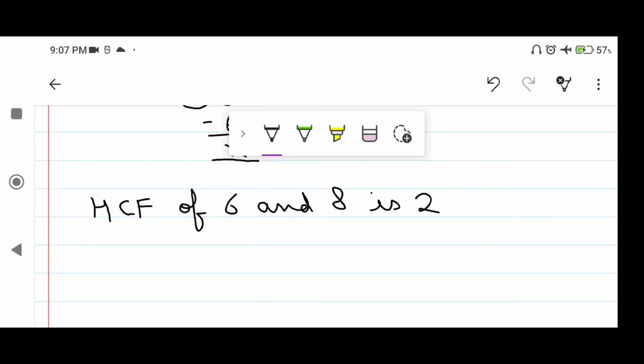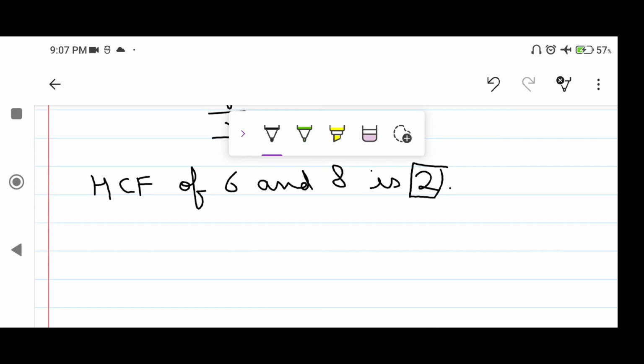So the process is that we take the HCF of these 2 numbers and divide it with the third number, and that third number is 12. So 2 and 12. 2 is the HCF of the previous 2 numbers and 12 is the third number.